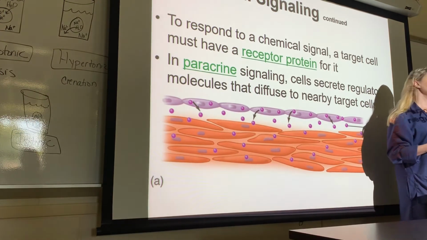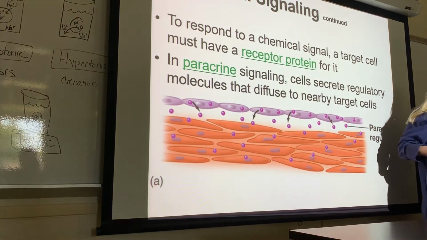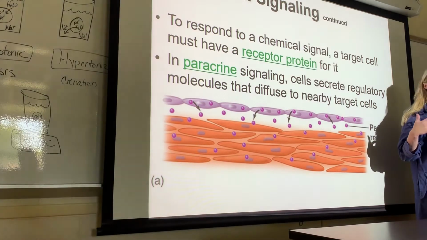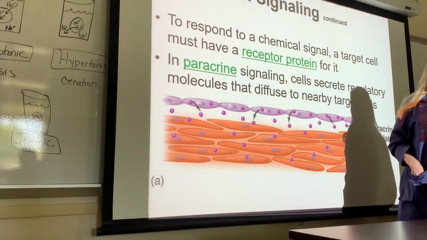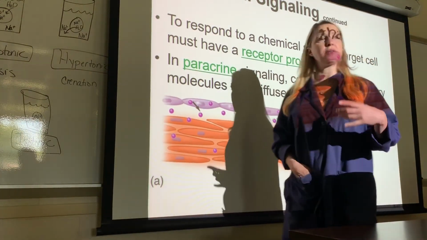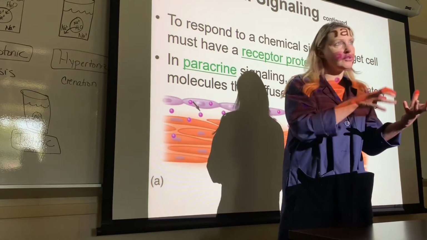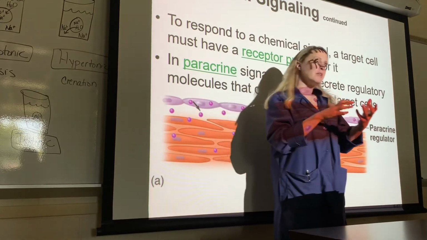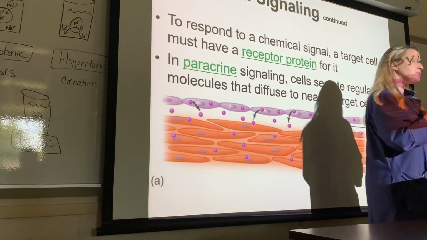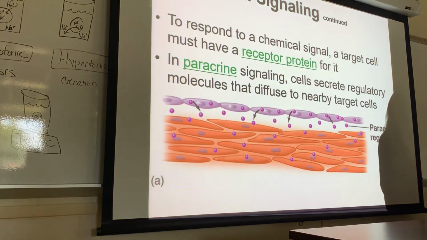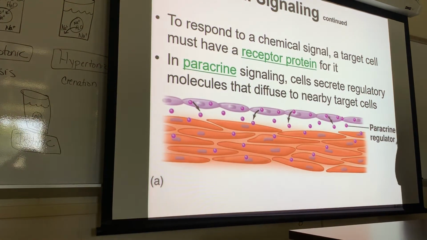Whenever you eat food, the stomach is going to release CCK, or cholecystokinin, which is going to act on the small intestine and the pancreas so that you can get more secretion, so that the duodenum is ready for that food, that real acidic chyme, to come into that area. So that's an example of paracrine signaling, where you release a signal and it travels a very short distance to a target tissue.